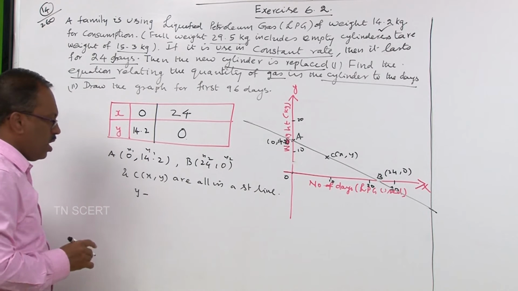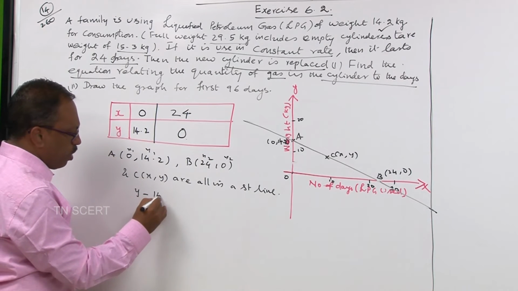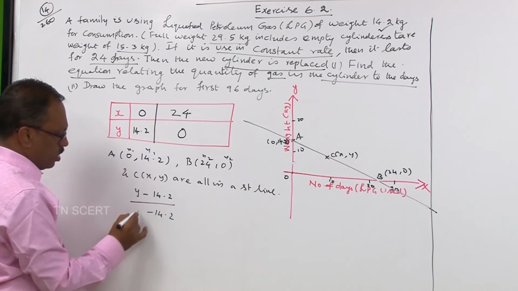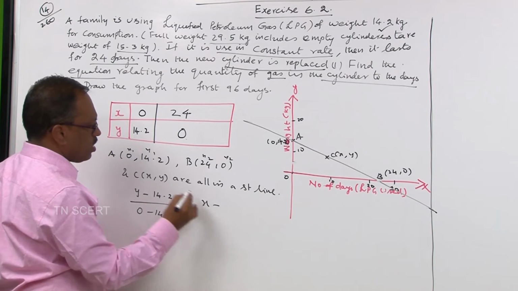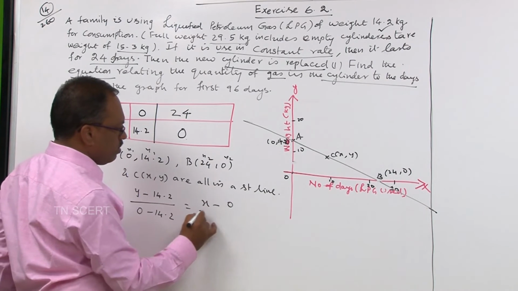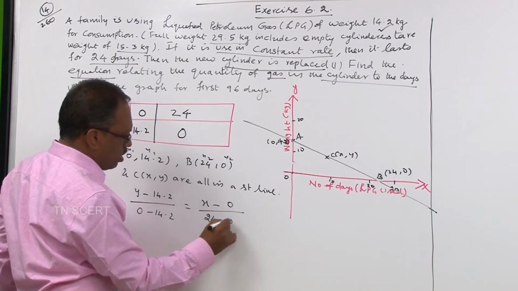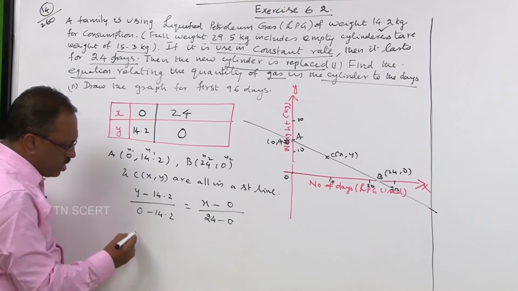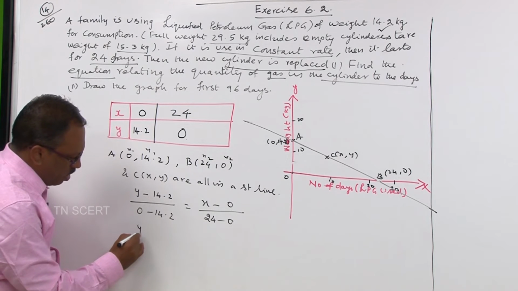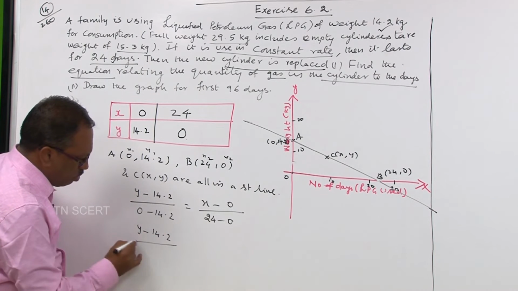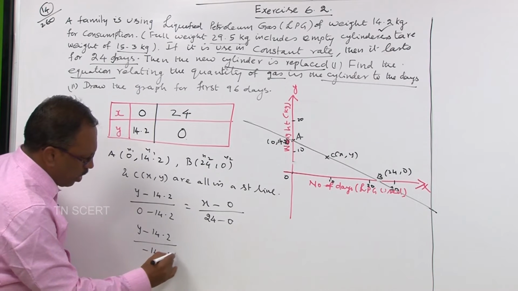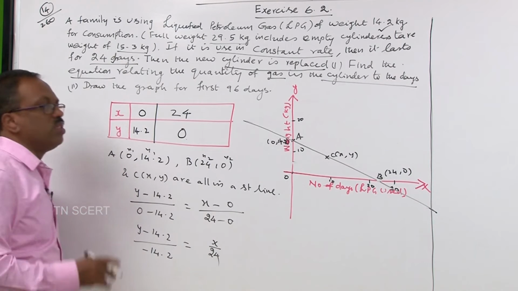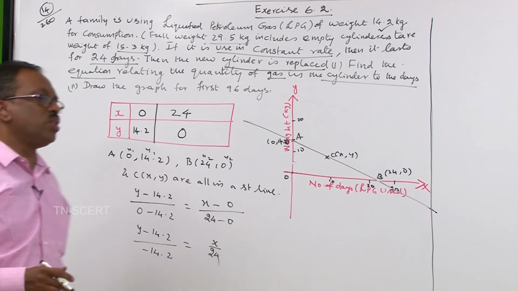So y minus 14.2 over minus 14.2 is equal to x minus 0 over 24 minus 0, which is x by 24. This is the way we got the equation here.